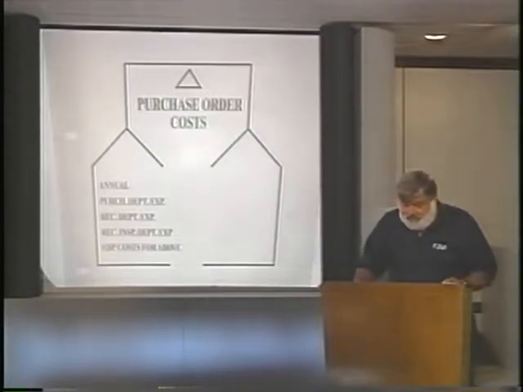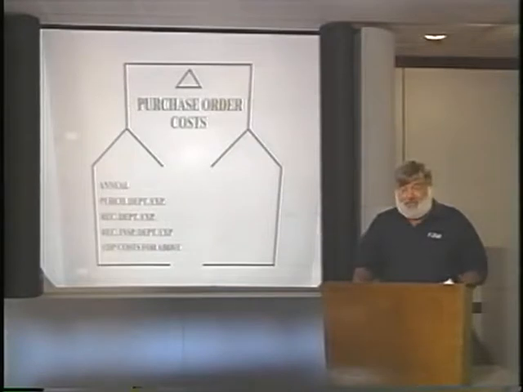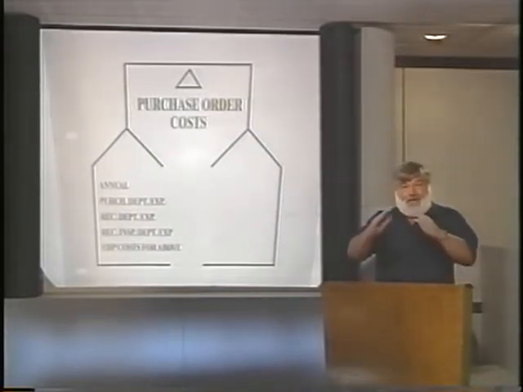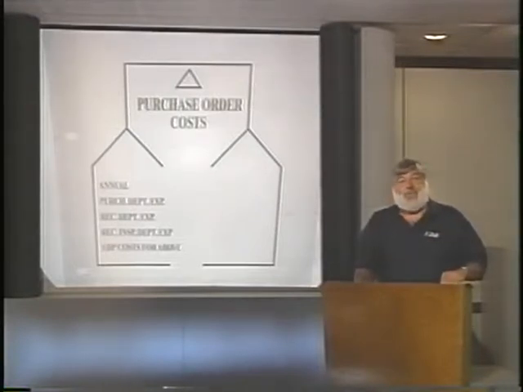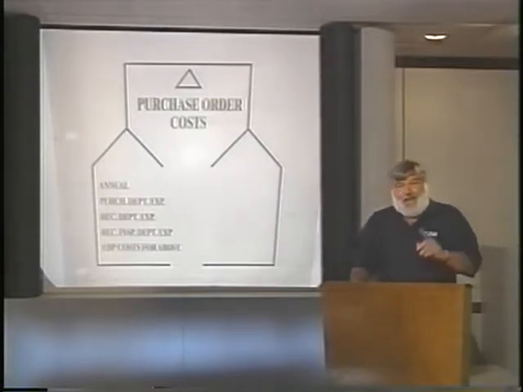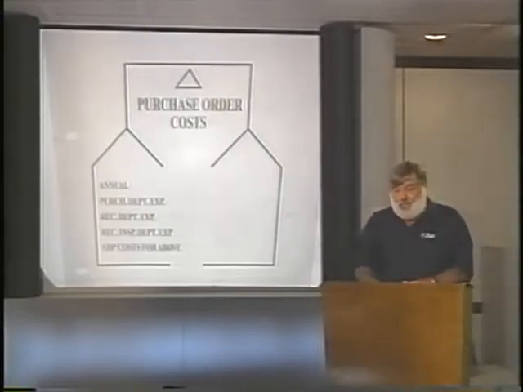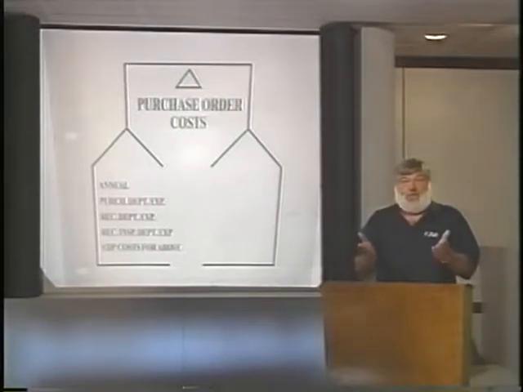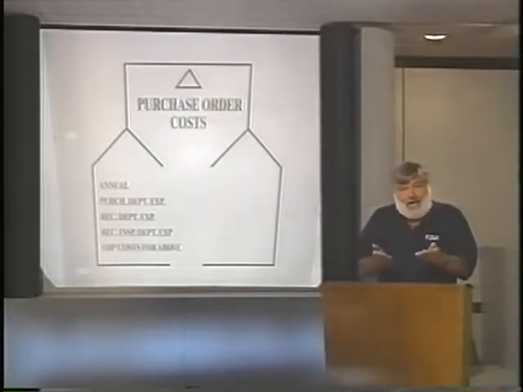Now, you'll also notice on this page and the previous page, we have kind of a little fulcrum on the top with a couple of scales. What those scales on that fulcrum are indicating is when the carrying cost, which is on page 20, is equal to the purchase order cost, which is on page 21, when those costs are equal to one another, that is the most economical purchased quantity.